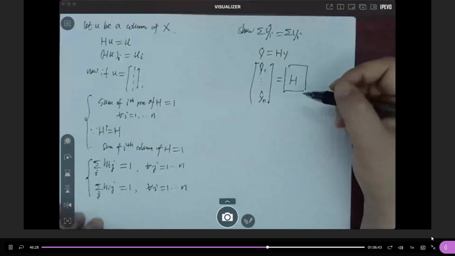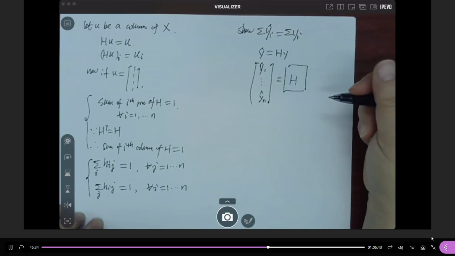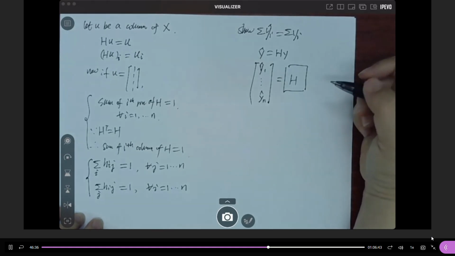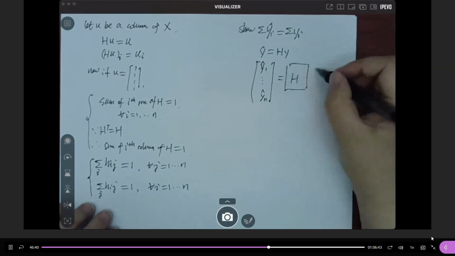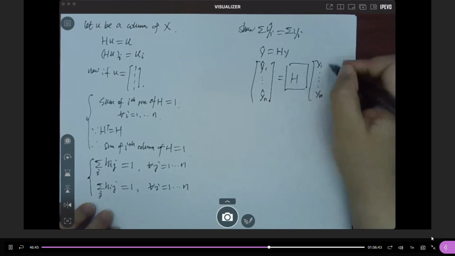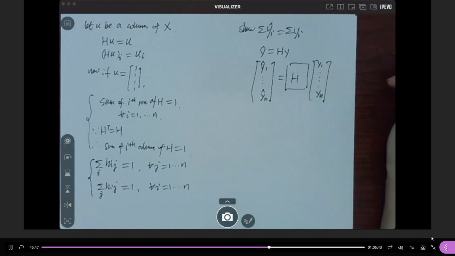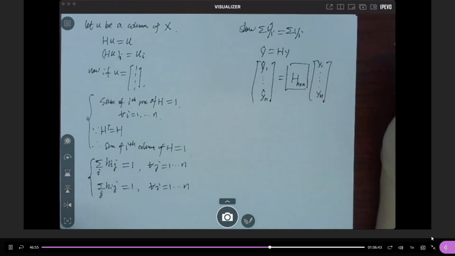So what's the dimension of H? The dimension of H should be the same as the rows of X. That's n, so n by n. Y is y1 to yn. So H here is n by n. Remember.